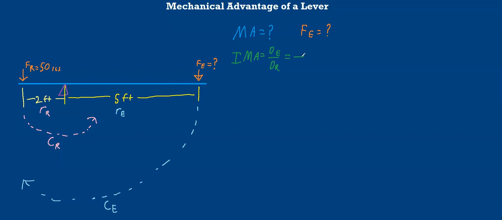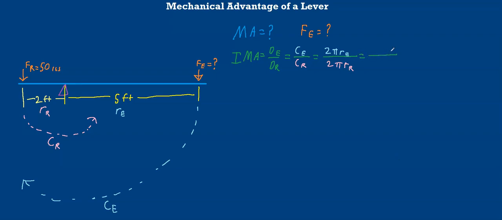Then we can rewrite our dE over our dr as our circumference of our effort divided by our circumference of our resistance. And you may recall the formula for circumference is just 2 pi r. So we can rewrite this as 2 pi multiplied by the radius of our effort divided by 2 times pi times the radius of our resistance.